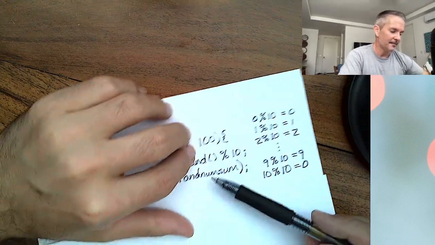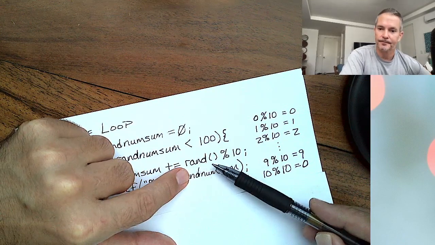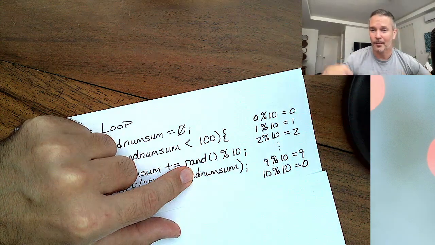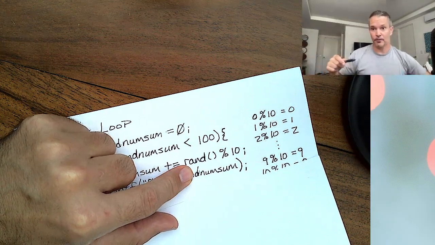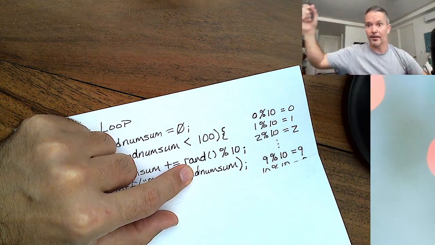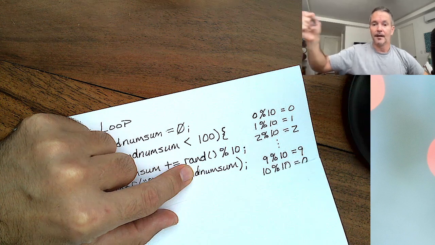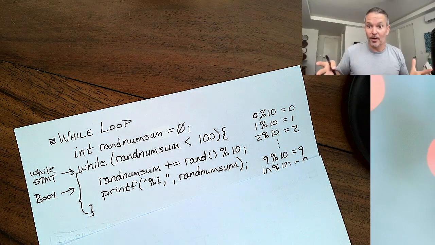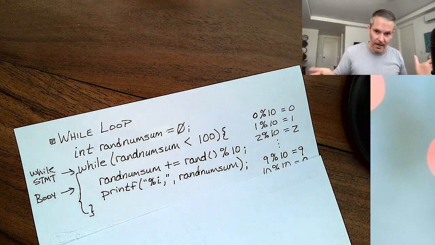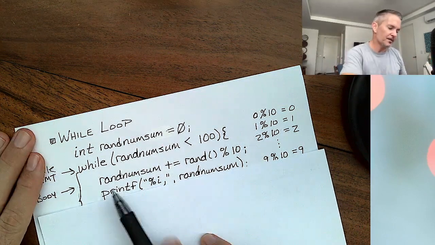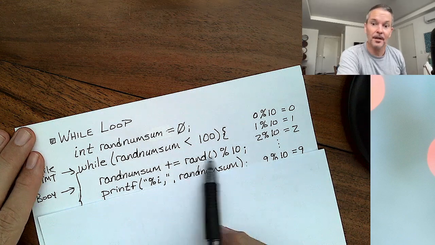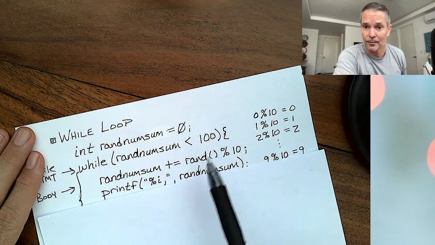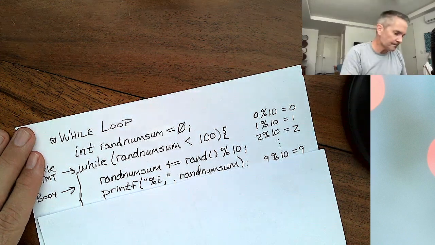When I take this random number, which is some number between 0 and 32,000, and modulo it by 10, that number is going to get turned into some number between 0 and 9. So I'm going to increase random number sum by some number between 0 and 9. I don't know what the number is because the computer is randomly going to pick it for me.